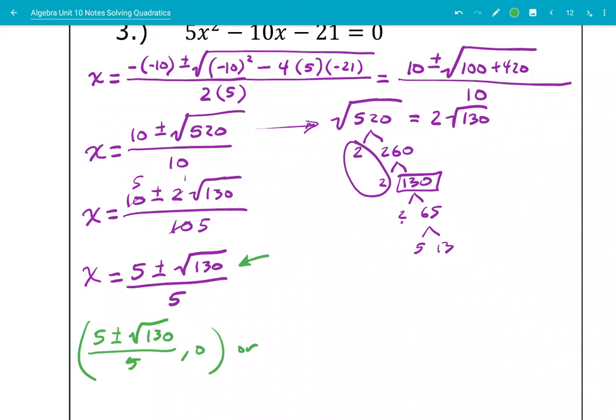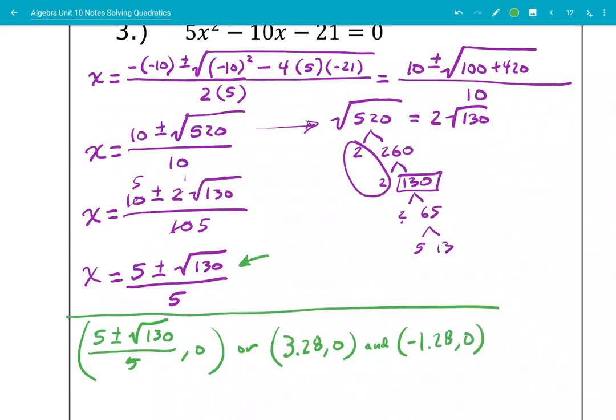So 5 plus the square root of 130 over 5. Well, luckily somebody has done this already for me. That's 3.28. That's one of them. And now 5 minus square root of 130 over 5, that's minus 1.28, comma 0. So there's our answers.